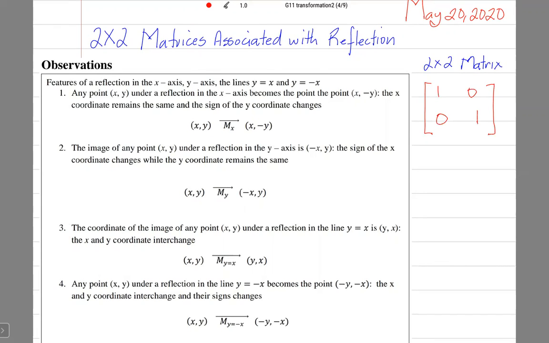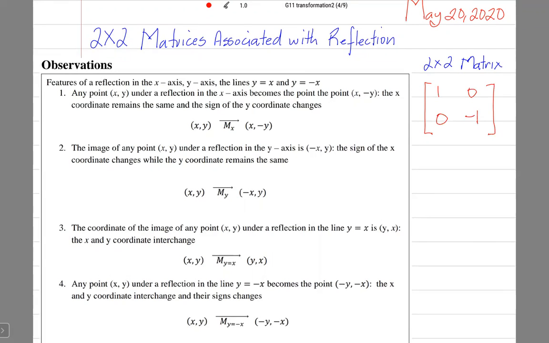Now, the I matrix does nothing to a point. But if I put a -1 here, this matrix, 1, 0, 0, -1, will change the sign of the y coordinate.